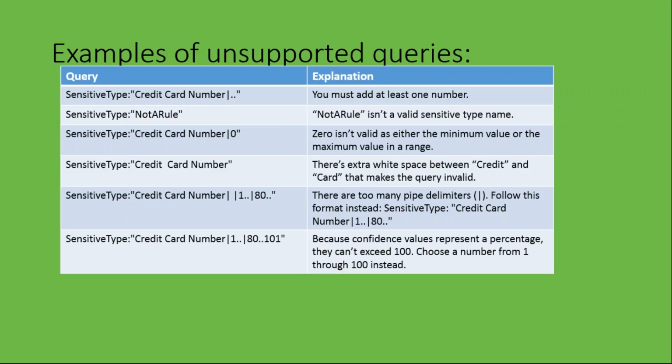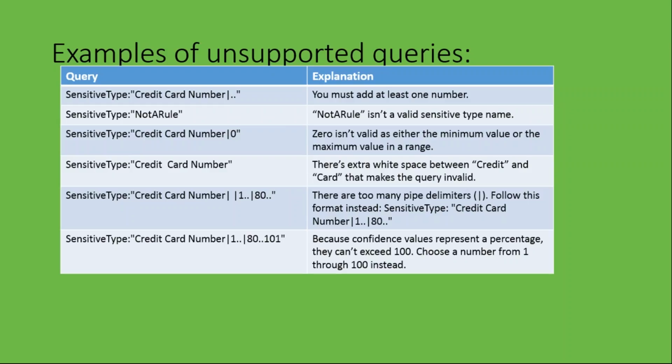In the next example, sensitive type is credit card number. If you notice, there is a space between credit and card. As I said earlier, this type should be written exactly the same way as it's written in the TechNet article. It's case sensitive, and there should not be any space there.